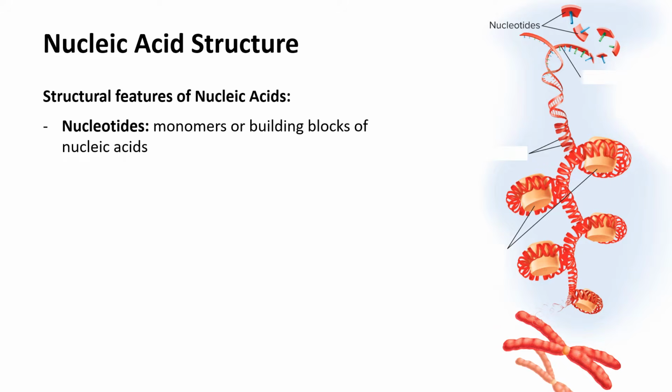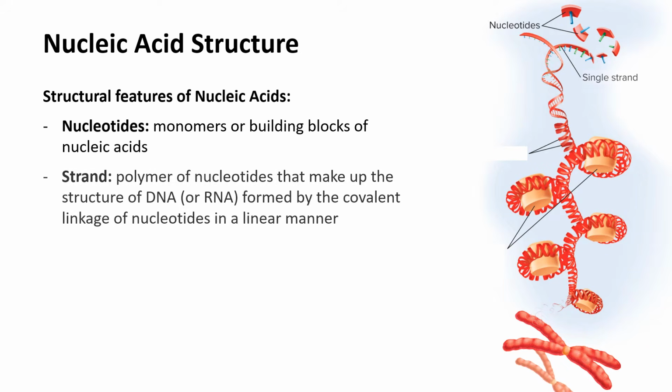That is a theme we'll come back and touch on later on and really throughout this whole course. Now, a strand is a polymer of nucleotides. Remember, a polymer is a bunch of monomers together. So the nucleotides represent the monomer. The polymer is the DNA or RNA strand.